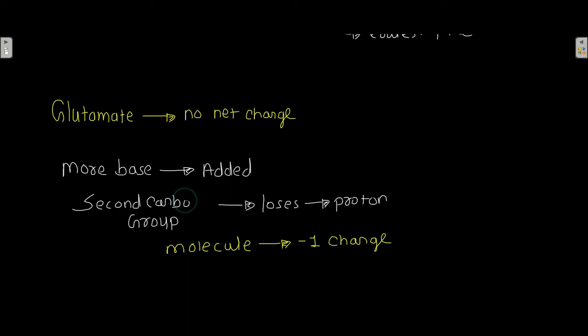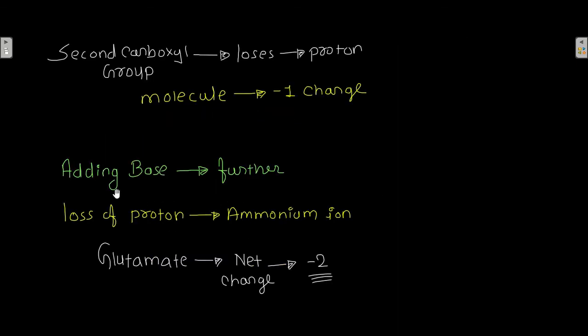So as you add more base, the second carboxyl group also loses a proton, and then you have a net charge on the molecule of -1. And if you add base further, then there is loss of proton by the ammonium ion, and now the glutamate has a net charge of -2.